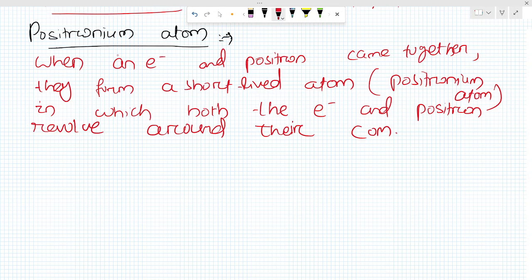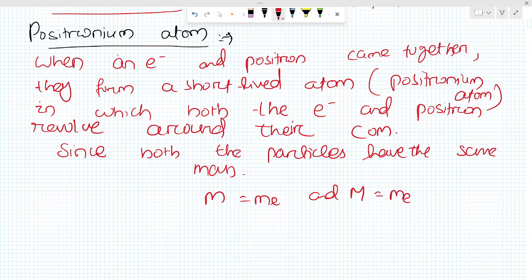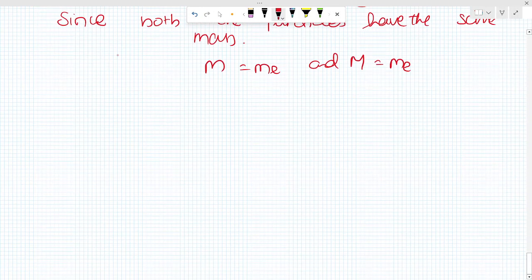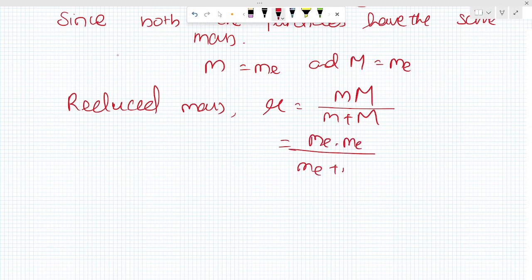Since both the particles have the same mass, that is mass m is equal to m_e and capital M is equal to the mass of electron, the reduced mass mu will be m into capital M upon m plus capital M, that will become m_e into m_e upon m_e plus m_e.